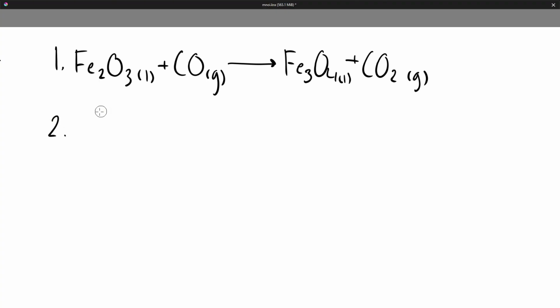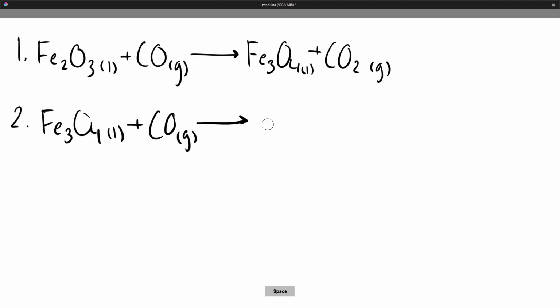Second step is you melt this product with even more carbon monoxide. So it's Fe3O4 liquid with carbon monoxide.